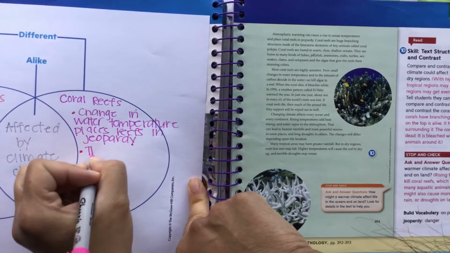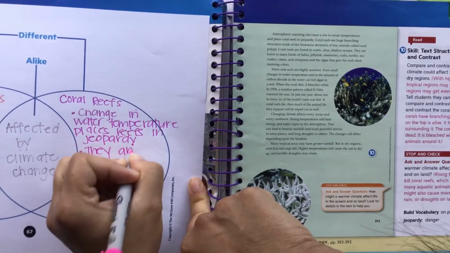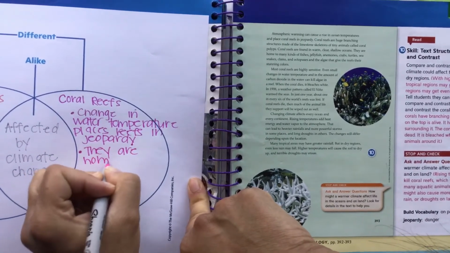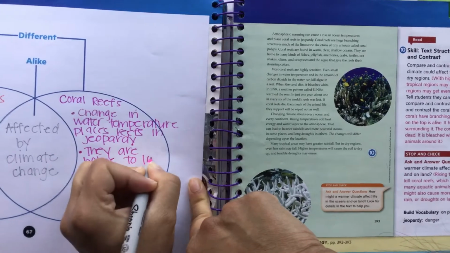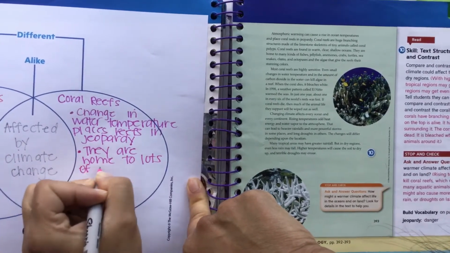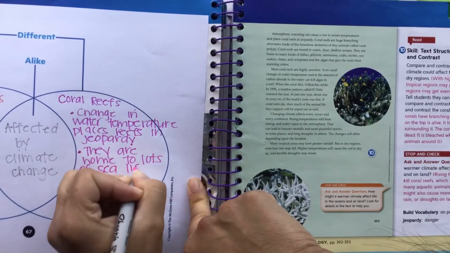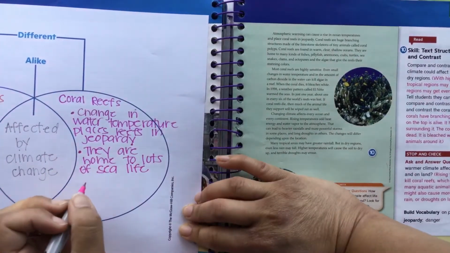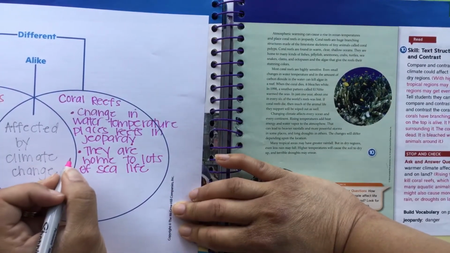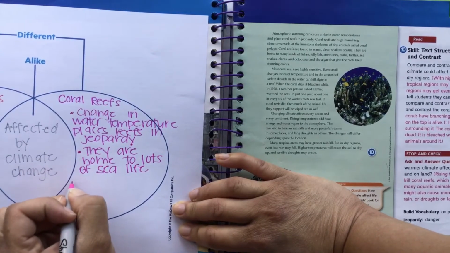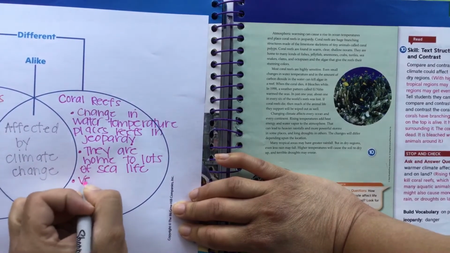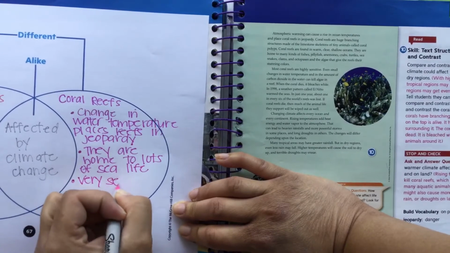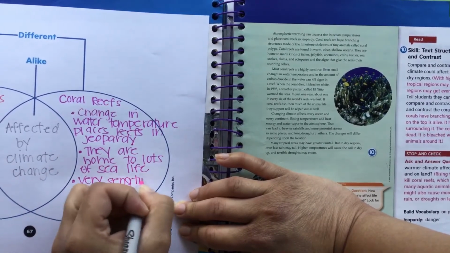We know they are home to lots of sea life. Very sensitive.